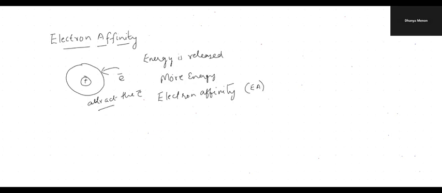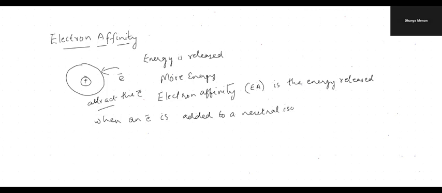Electron affinity is the energy released when an electron is added to a neutral isolated gaseous atom to form a gaseous ion.